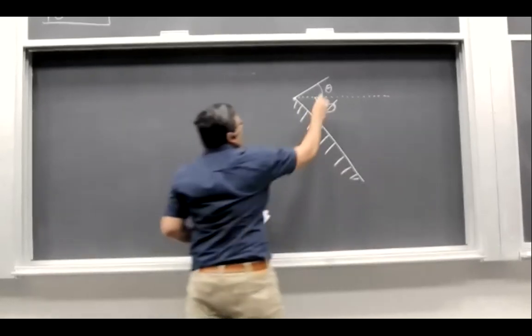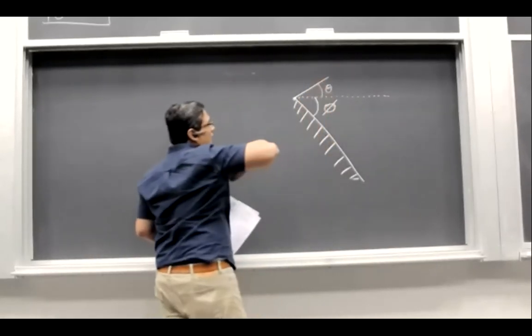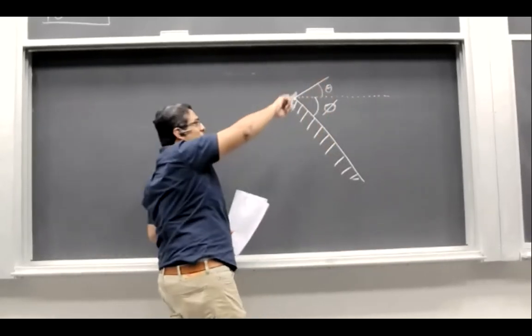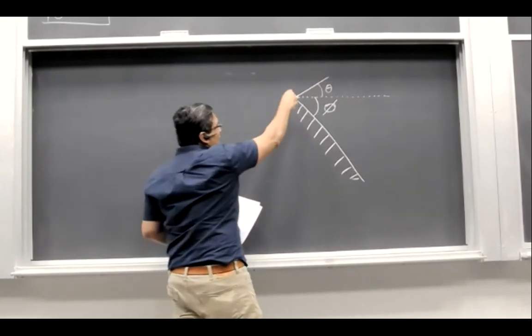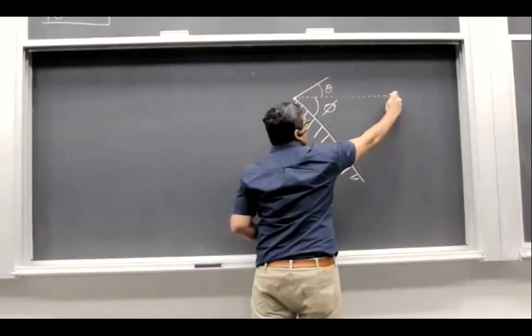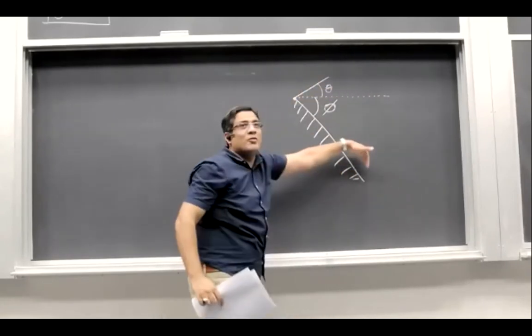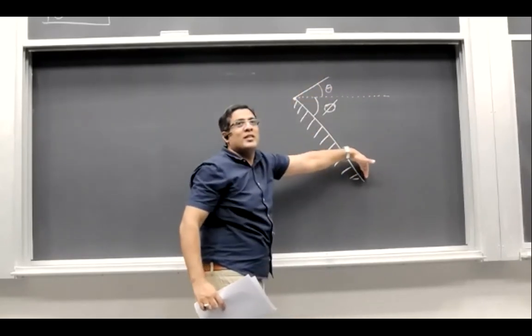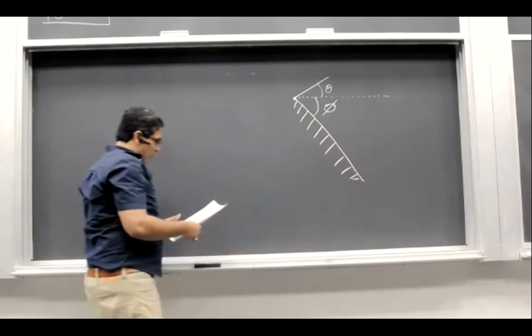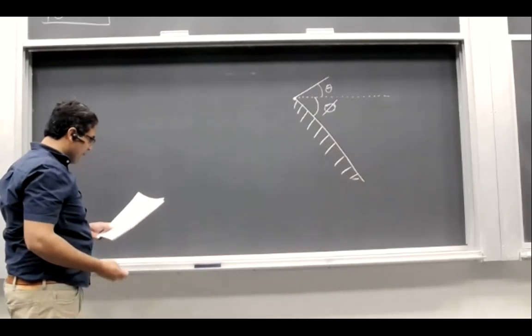The projectile is still being thrown at angle theta, and the ground now is not flat, it's not here, it's here. So the object would fall down somewhere here. All right, so now this is the problem that we need to solve.